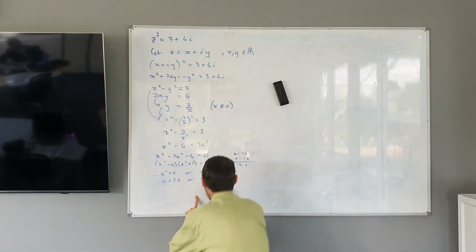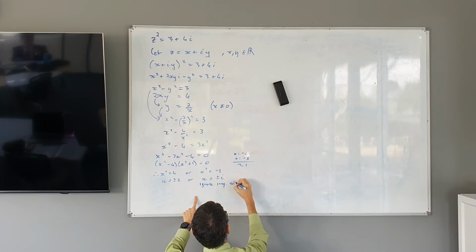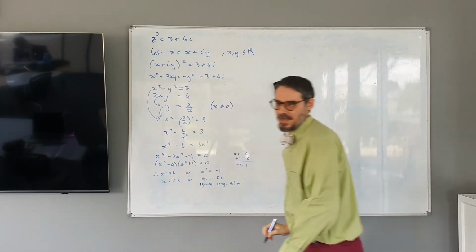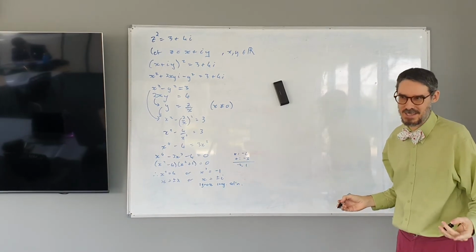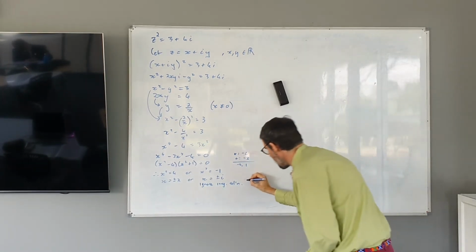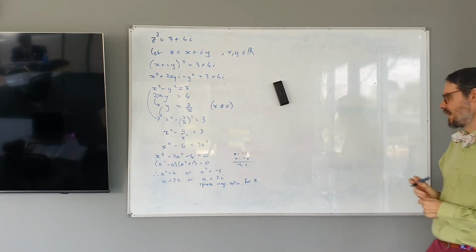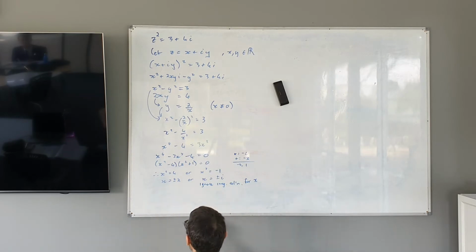So, ignore the imaginary solution for x only. Which means x must be plus or minus 2.